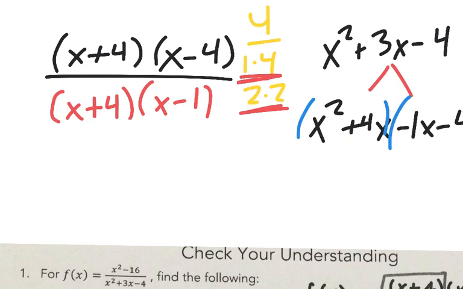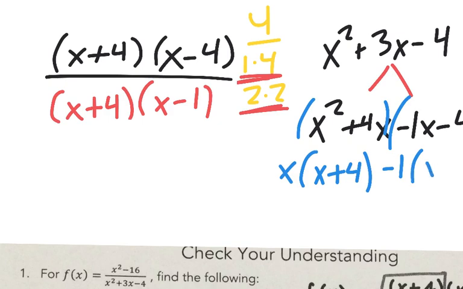Anyways, once I have 4 terms, I can factor by grouping. So I group the first 2 terms together and the last 2 terms together. And then when we factor by grouping, the GCF of the first 2 terms is x. If I factor an x out, that leaves me with x plus 4. GCF of the last 2 terms is negative 1.